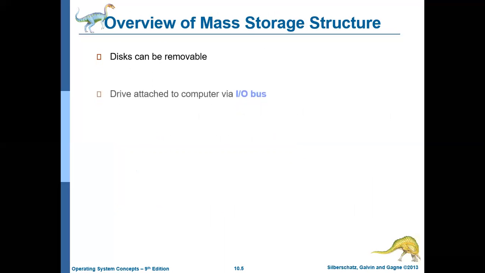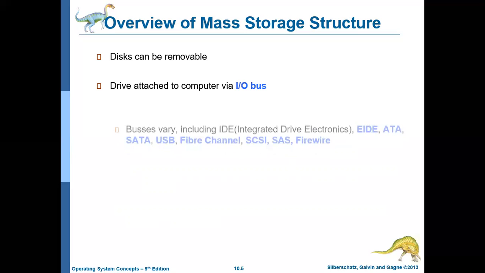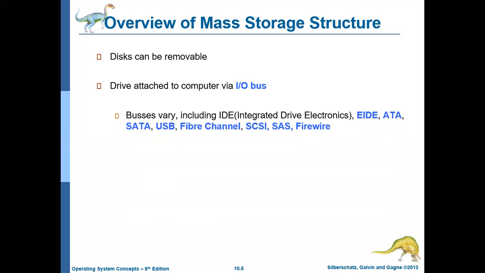So the disk can be removable, and the hard disk drive is attached to the computer via different IO buses. The commonly used IO buses are IDE. IDE is one of the technologies which was used to connect a hard disk to a computer, and that technology is called integrated drive electronics. Next we had EIDE, enhanced integrated drive electronics, and then ATA, that is advanced technology attachment.